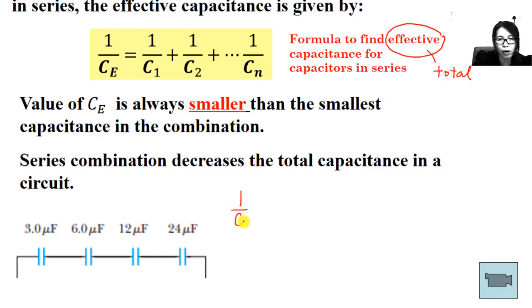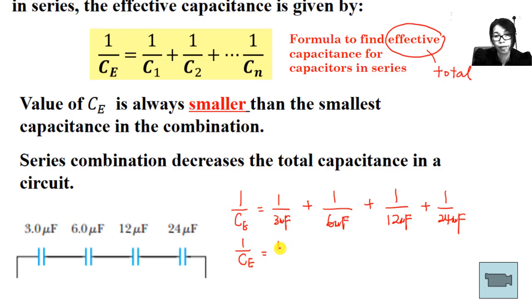So 1 over CE will be 1 over 3 microfarad plus 1 over 6 microfarad plus 1 over 12 microfarad plus 1 over 24 microfarad. So I will get 1 over CE will be 5 over 8 microfarad.